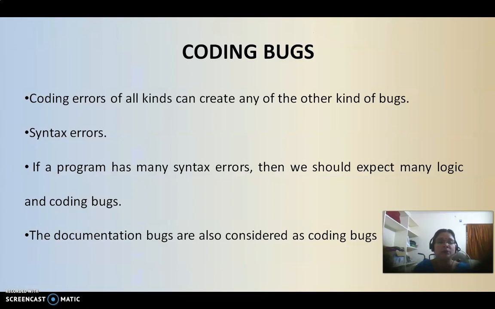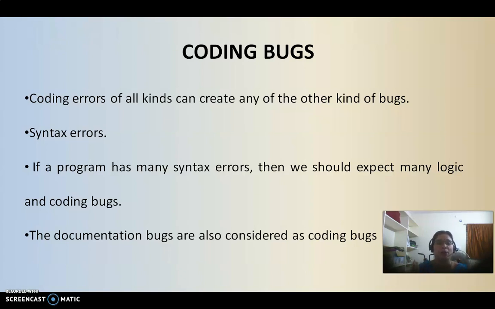What are coding bugs now? Coding errors can be of all kinds and can create any other kind of bug. The most normal coding bugs are syntax errors. Whenever a program results in multiple syntax errors, there may be logic and coding bugs also. Documentation bugs also come under coding bugs, because you develop the code based on the documentation.